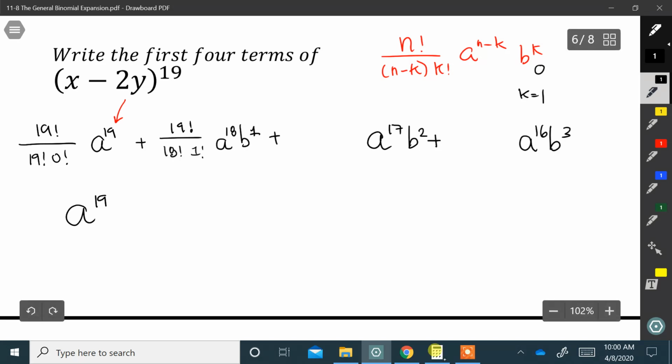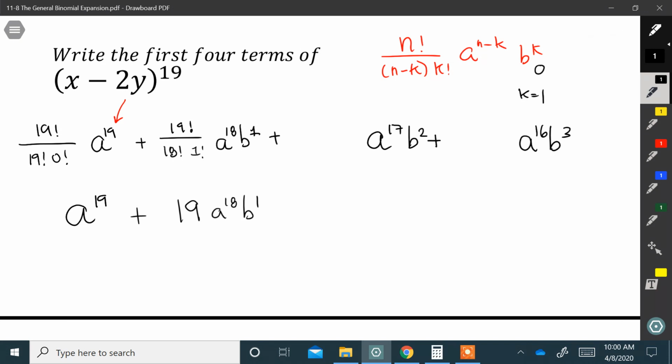Guys, the next number is always going to be 19, because all those cancel out. So the first two numbers are easy to find. It's always 1 and 19.